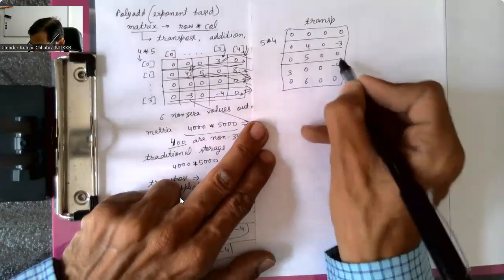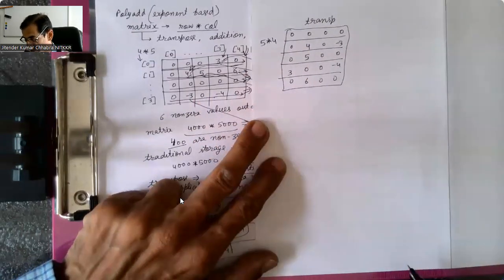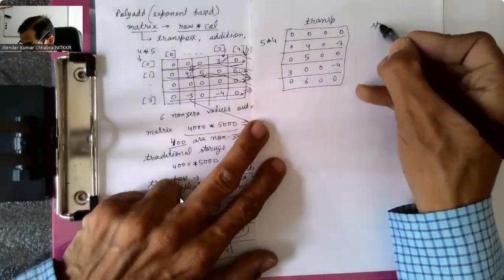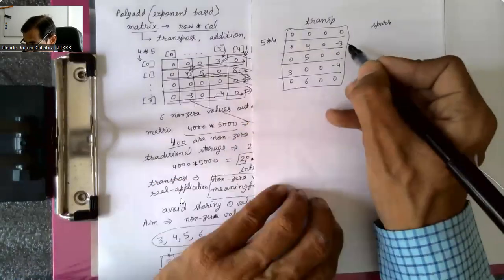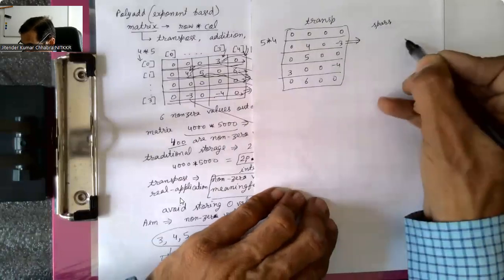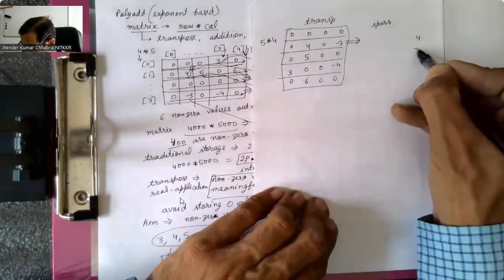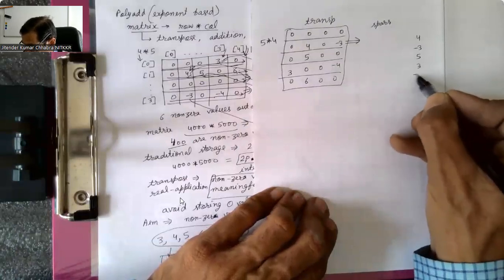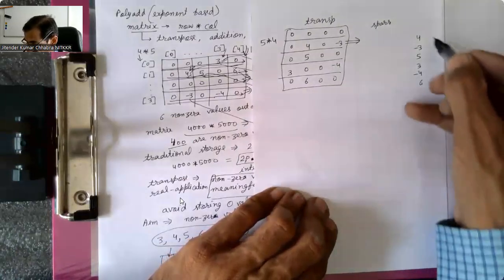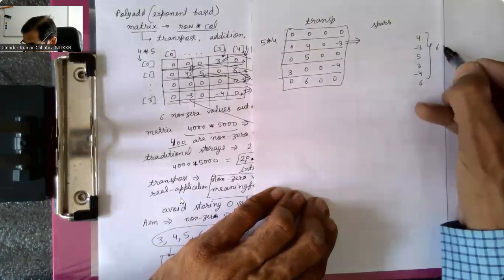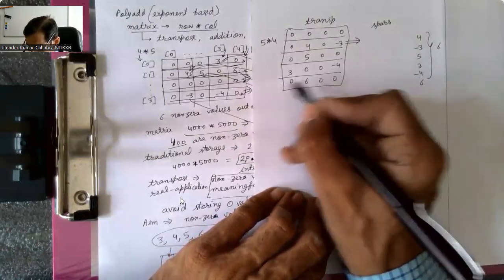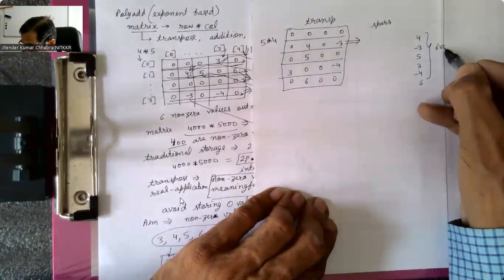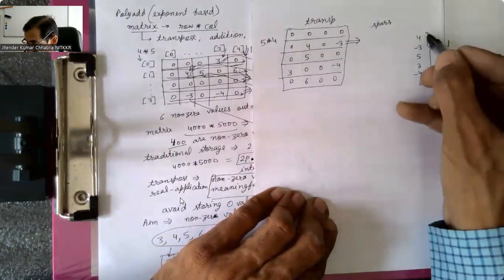Had I planned to store this matrix as a sparse, my focus must have been to store value 4 first, then -3, then 5, then 3, then -4, then 6. Of course, 6 values, but the ordering should have been this.